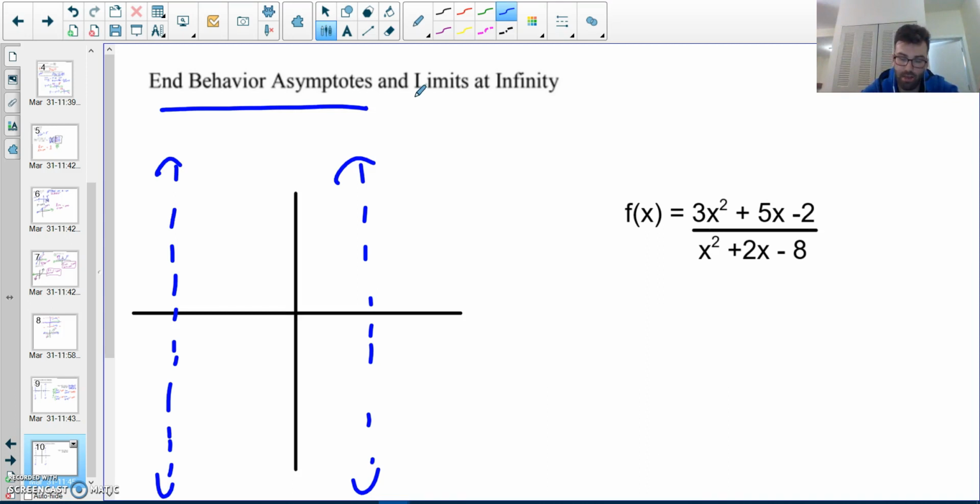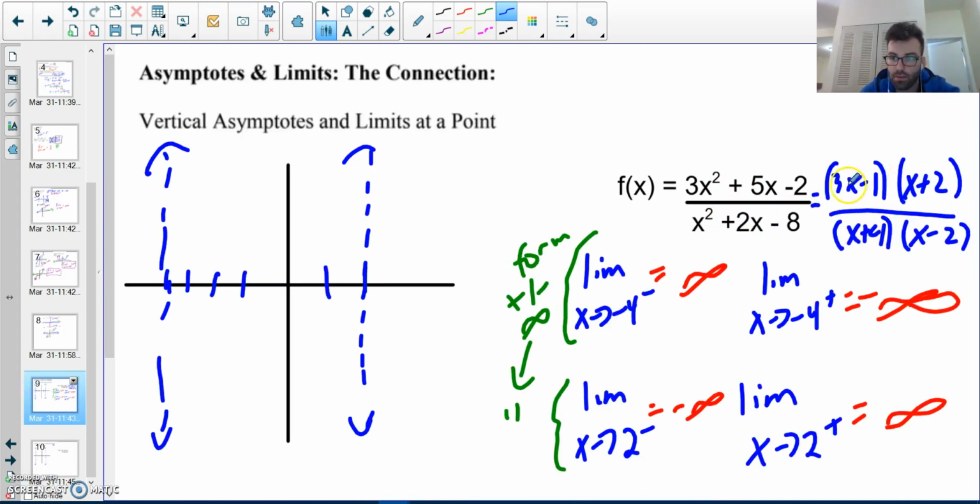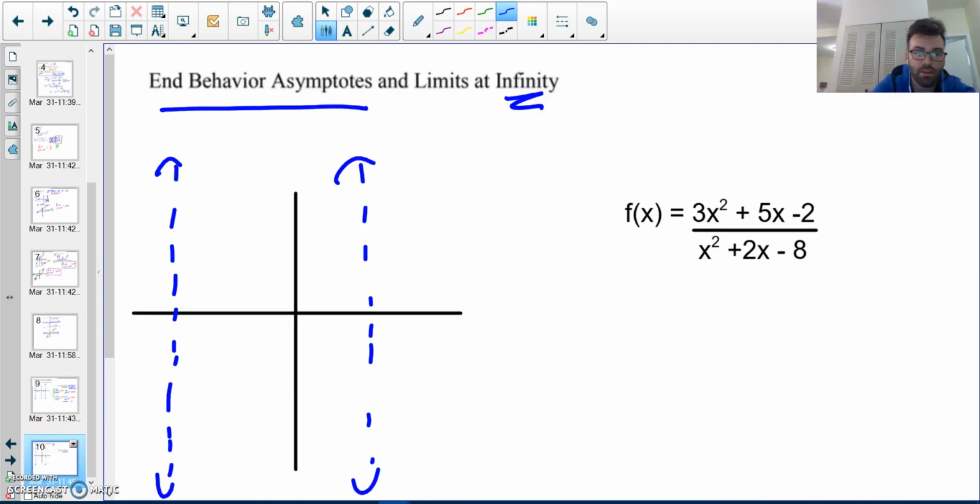This is an even heavy function because when I completely factored, nothing simplified. That tells me the degrees are the same. Since my degrees are the same, I take the leading coefficients, 3 over 1, so I'm going to have a horizontal asymptote at y equals 3.